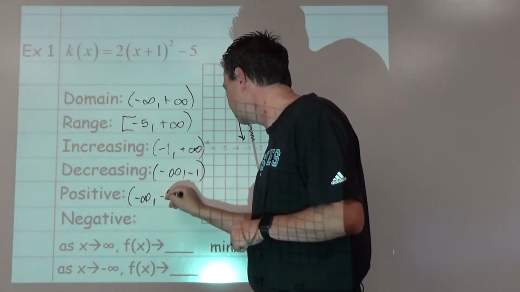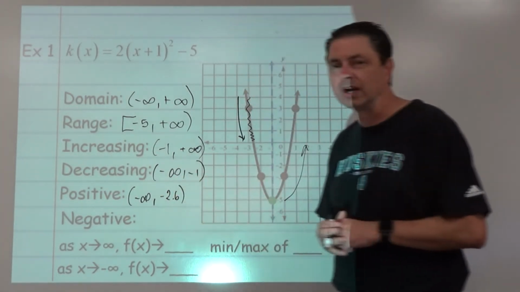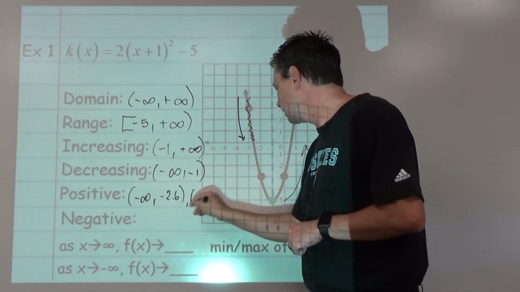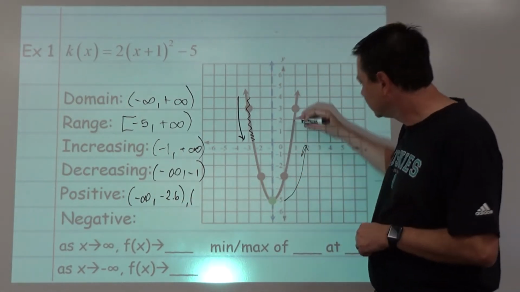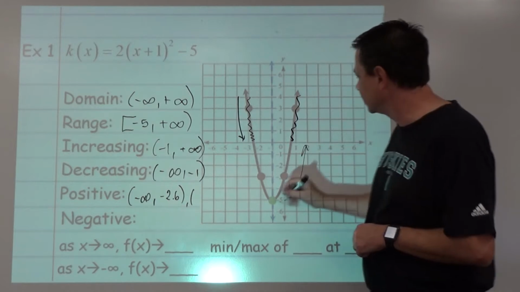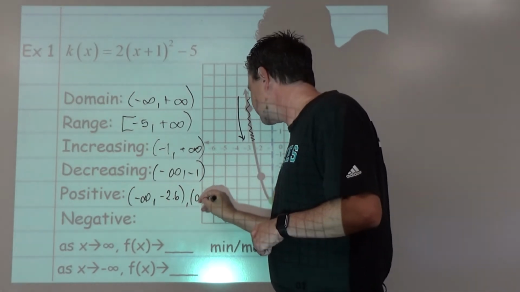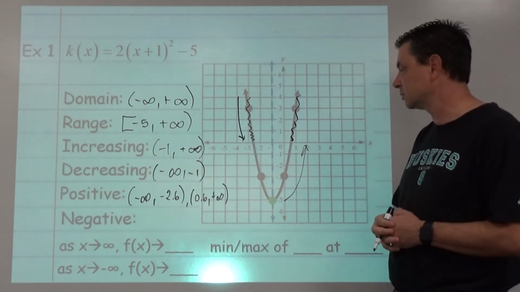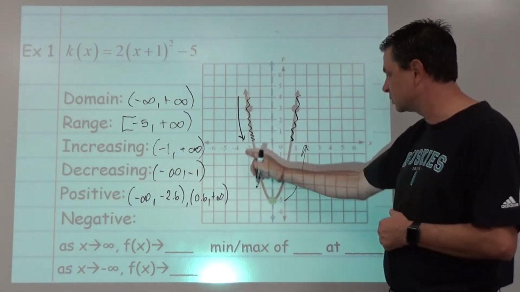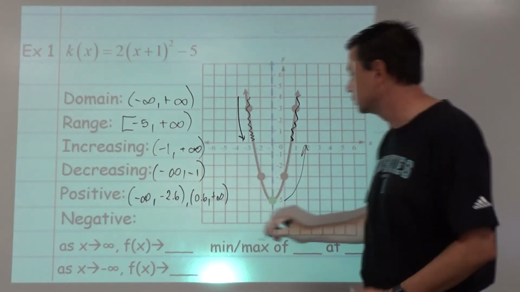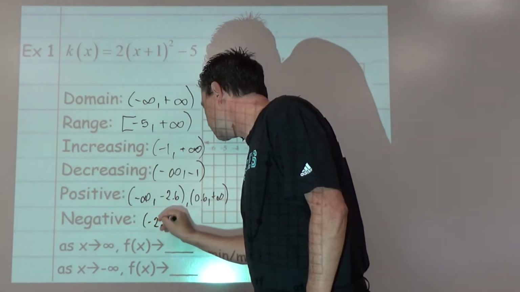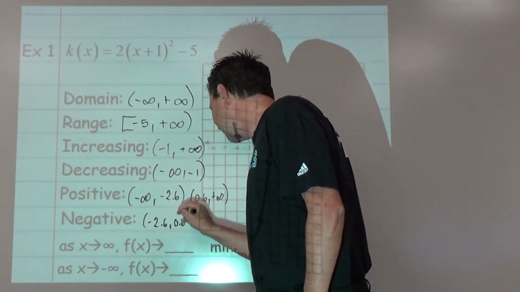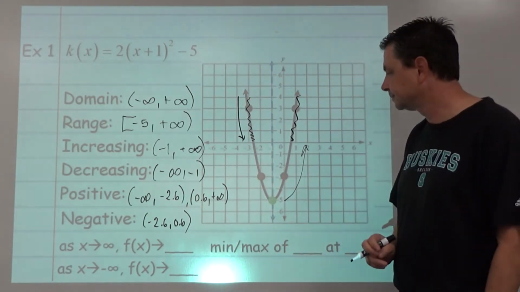Maybe it's negative 2.6, approximately. And then over here, above, 0.6 to infinity as an approximation. And then the negative clearly would just be the other part between those. So between negative 2.6 and about 0.6.